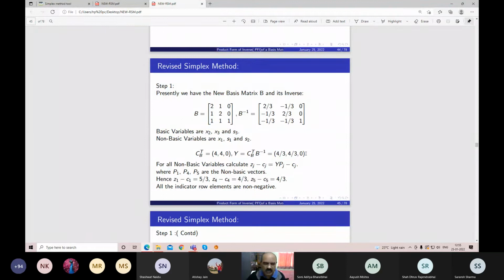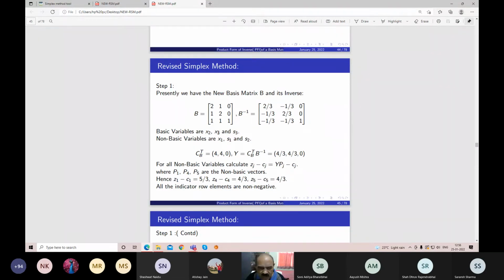X2, X3, S3 are the basic variables. Non-basic variables are X1, S1, S2. With respect to the non-basic variables, we like to compute Z1 minus C1, Z4 minus C4, Z5 minus C5. Why? This Z1 minus C1 is with respect to the first column, Z4 minus C4 with respect to the fourth column, and Z5 minus C5 with respect to the fifth column.